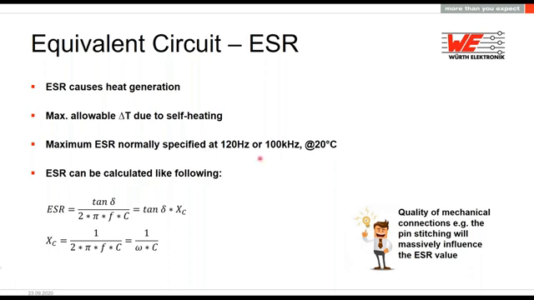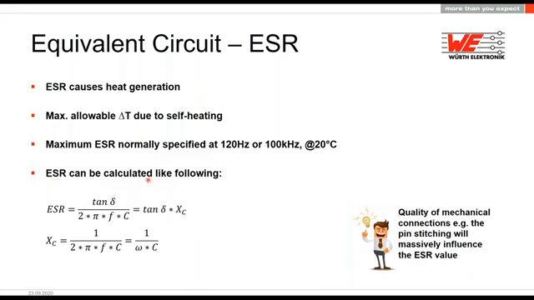Normally the ESR is specified at 120 Hertz or 100 kilohertz, 20 degrees. We measure over the complete frequency range and put this data into our expert tool. There you can find a complete overview of the whole frequency range, but we also measure at 20 degrees, so laboratory temperature.